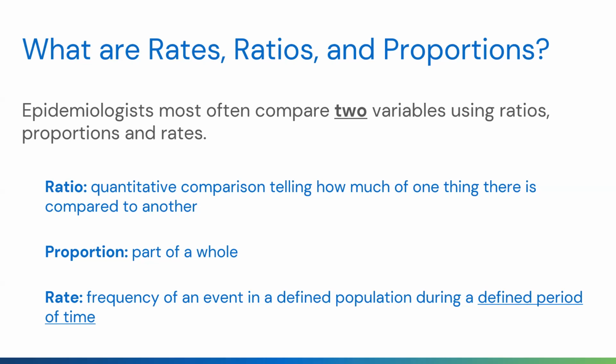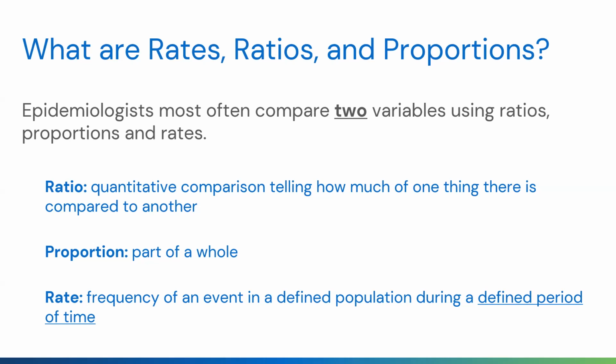We'll often see a ratio as having a colon in the middle between two numbers. Sorry, not a semicolon. A comparison of two things, there's one thing on one side and one thing on the other. So visually, you can kind of see a ratio in your mind. A proportion is a part of a whole.